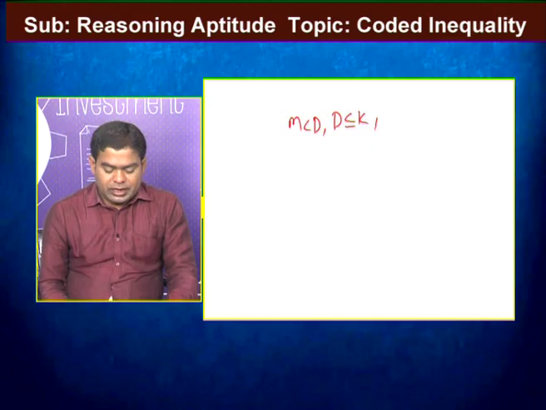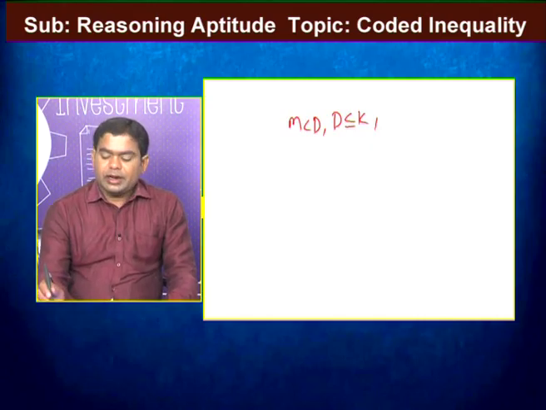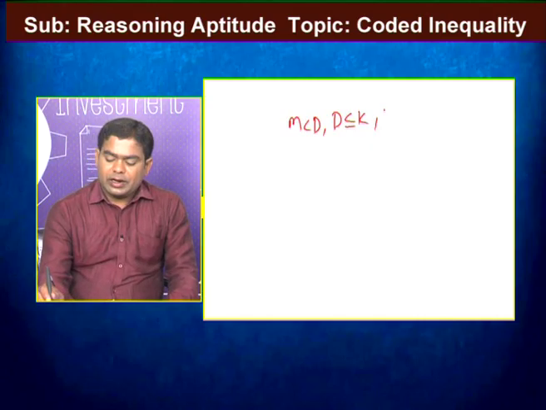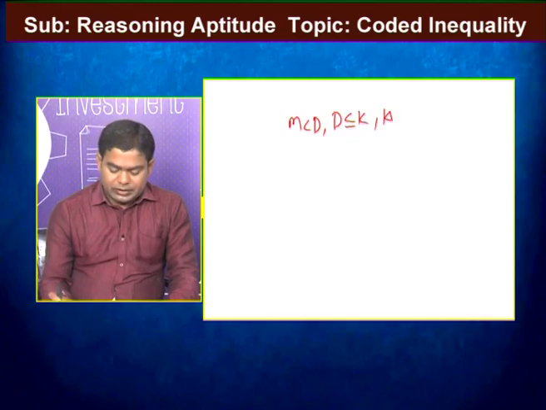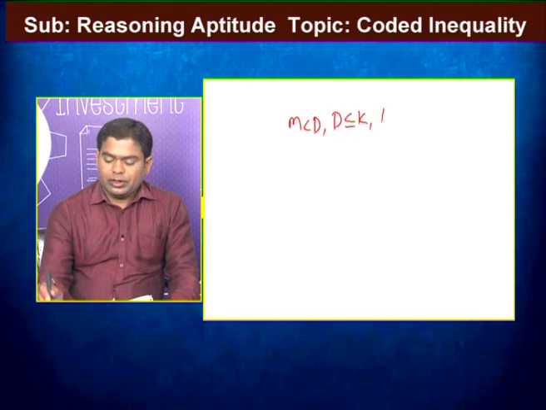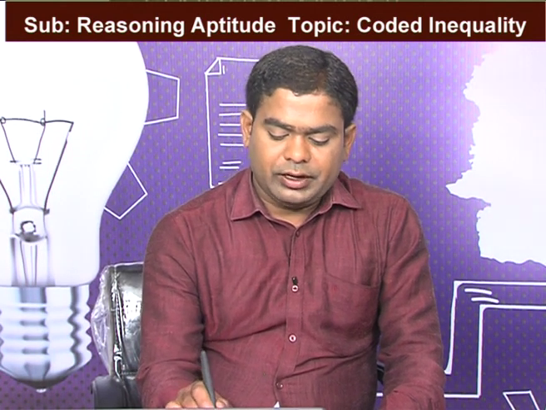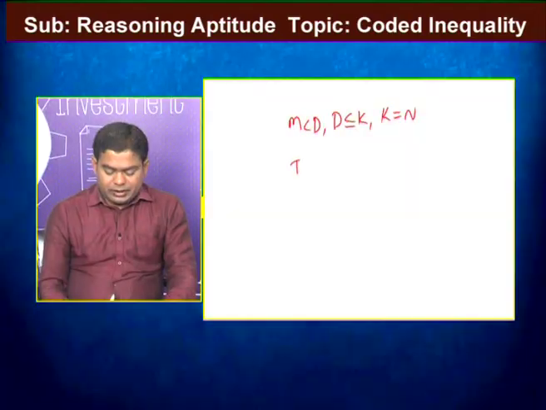In our question, * denotes neither greater than nor smaller than, means equal, that means K equal to N. So this is the statement. Again we apply the inequalities for the given conclusions.